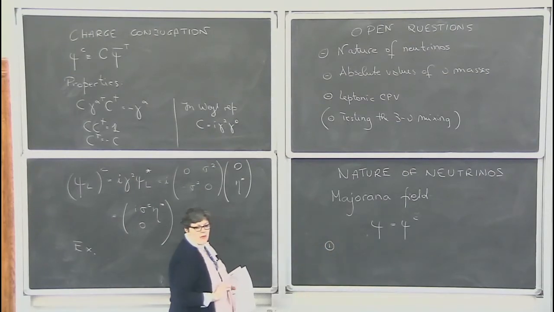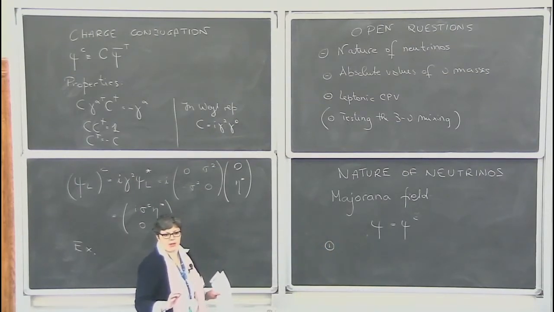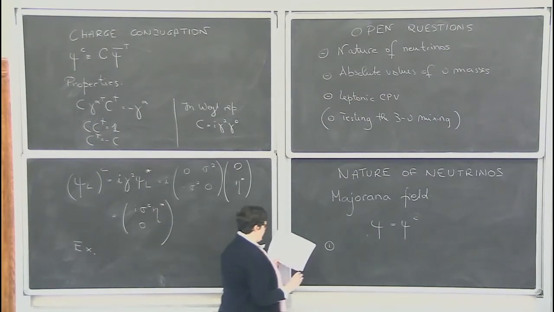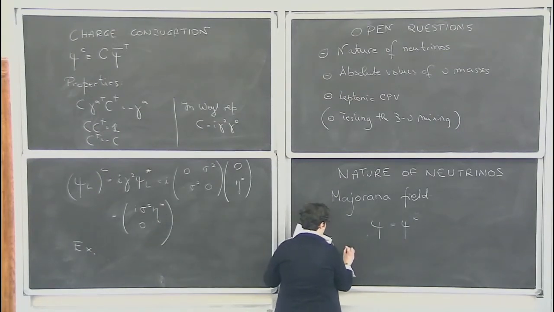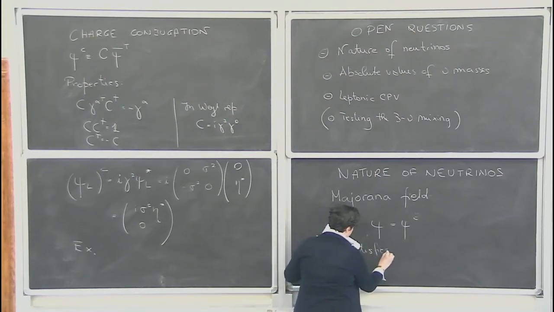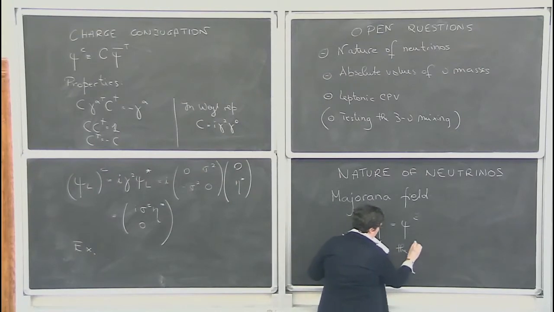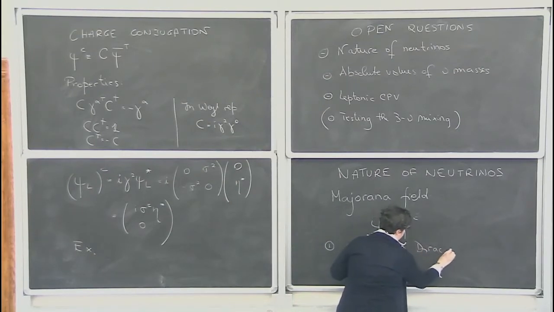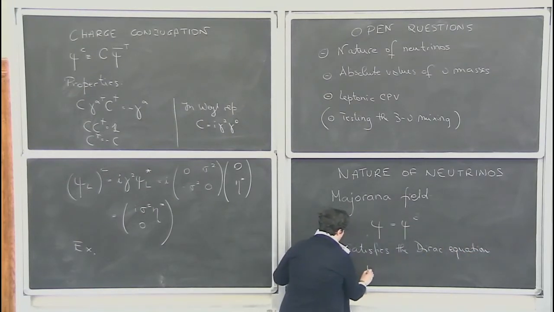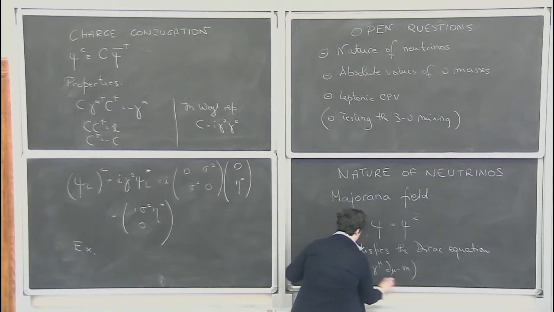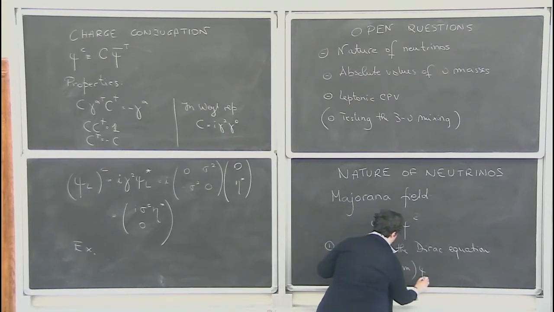So first of all, a Majorana field satisfies the Dirac equation. As you know, well, I can write it down. i gamma mu d mu minus m psi equals 0.